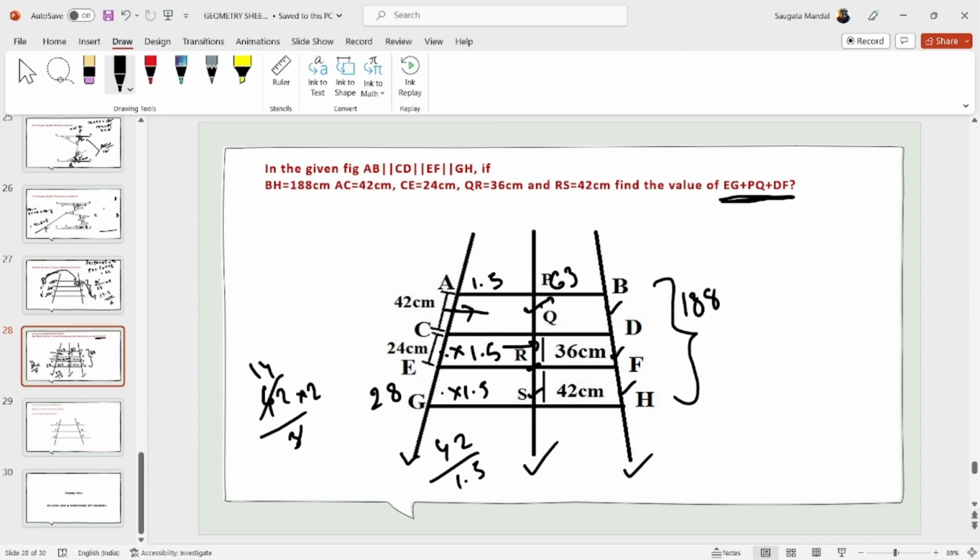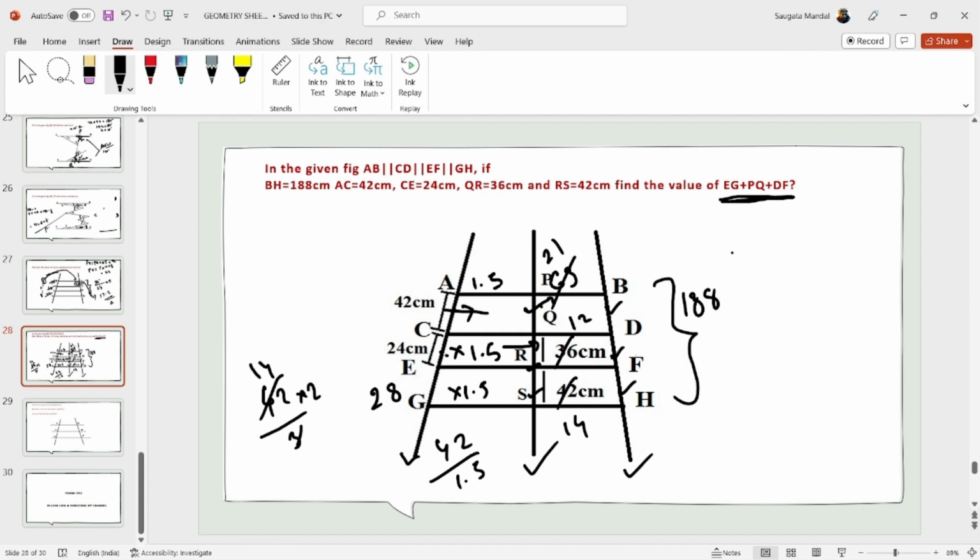The value of EG is 28. And in the same way, we can see that the ratio of PQ, QR and RS are 63, 36 and 42. It is divided by 3: 21, 12, 14.